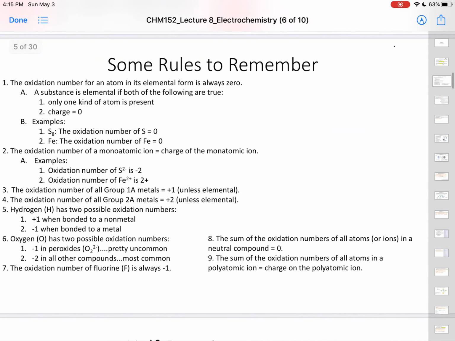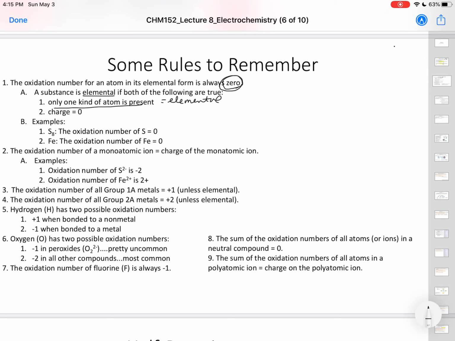So some rules to remember in terms of how to assign oxidation reduction charges. When we're looking at oxidation numbers, how do we determine what the oxidation number is? The first rule is that if it is elemental, the oxidation state is always 0. If there's only one kind of atom present, that means it is elemental.